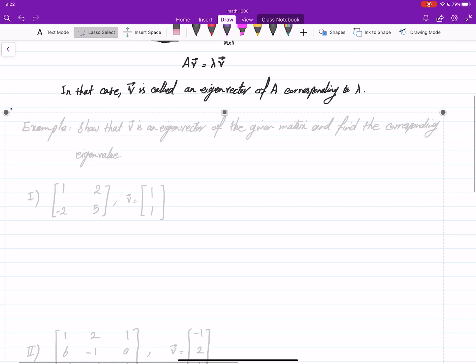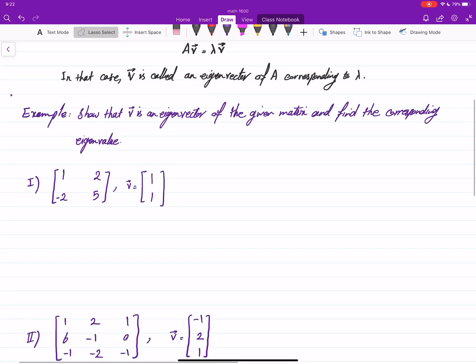In these examples, we try to show that the given vector v is an eigenvector of the given matrix A, and then find the eigenvalue of that eigenvector. So what we need to do is show that A times v is a multiple of v. Well, let's do that then.